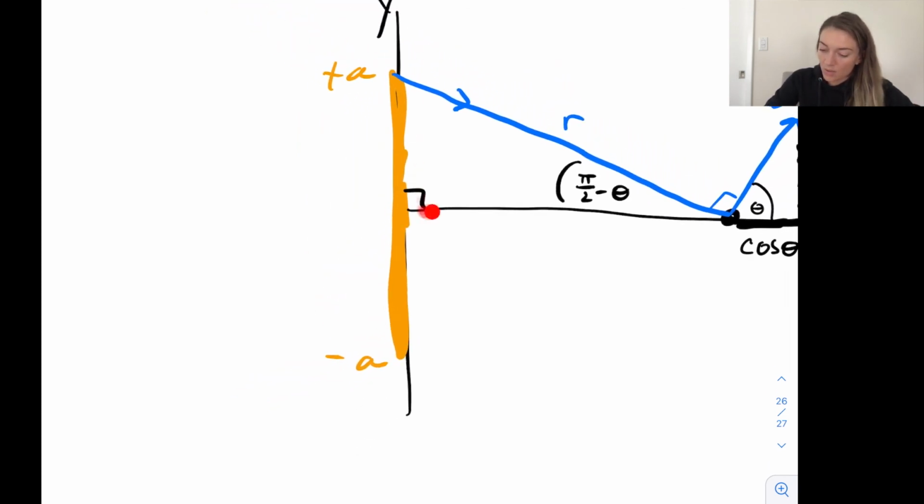Now, since a triangle will also have 180 degrees, I can figure out this angle over here too. So we'll say again that pi is equal to pi over 2 minus theta, plus the pi over 2 here from that right angle, and then we'll call this angle z.